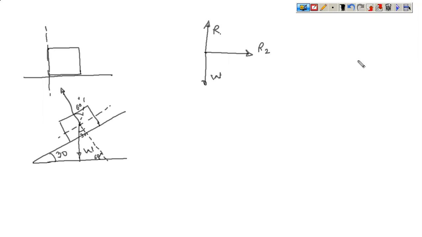The magnitude will remain the same. So if you have assumed a direction and the answer is negative, that only means the direction in which you had assumed the force was wrong. You need to reverse the direction.